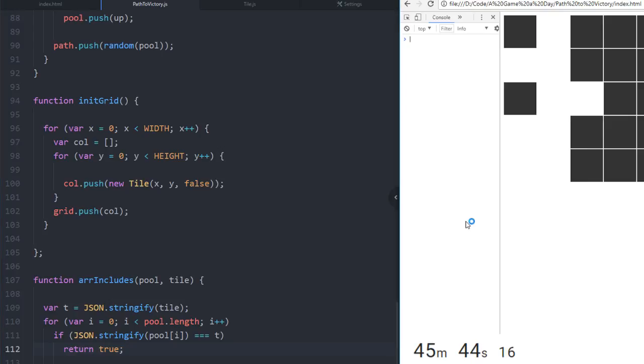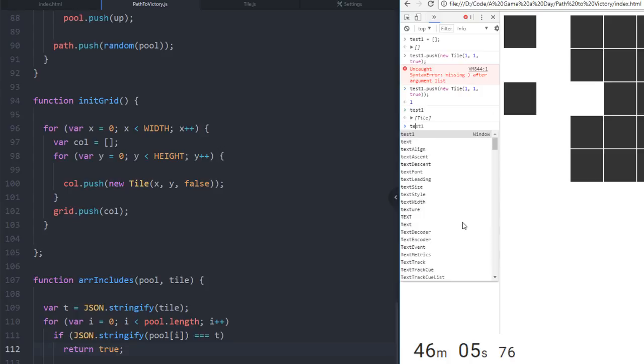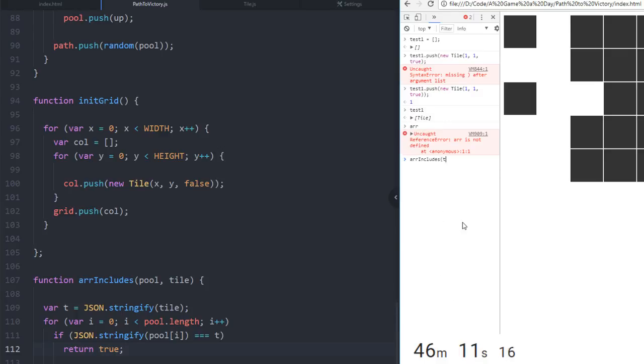Okay, let's try this. Test1 equals an array. Test1 dot push new tile 1 true. Okay, messed it up. Okay, there. Test1, here. Pool includes test1 new tile 1, true. True.